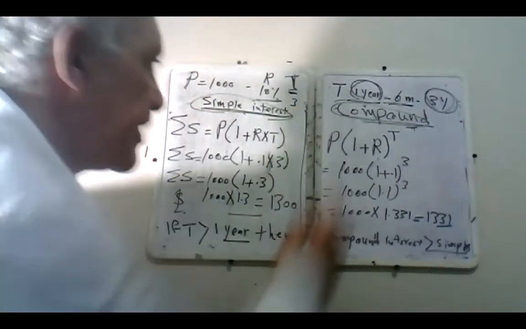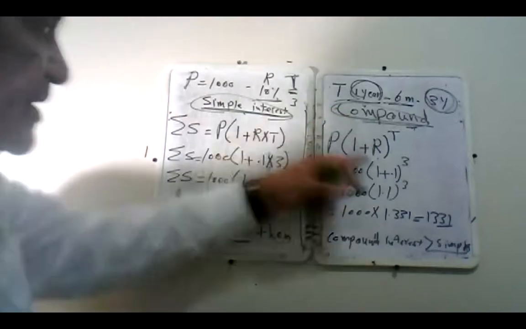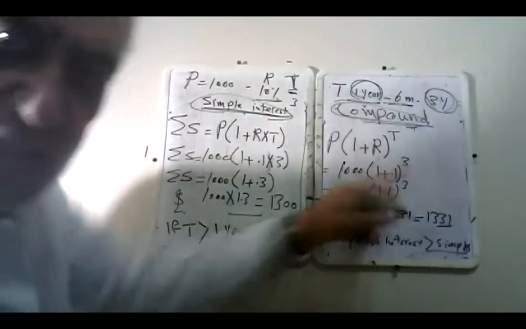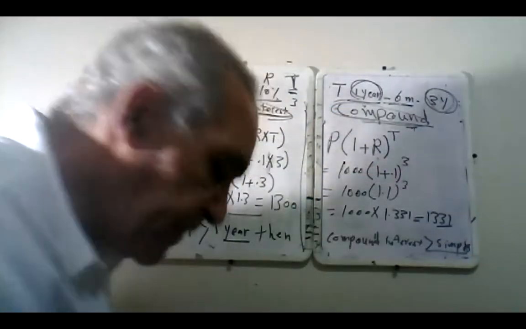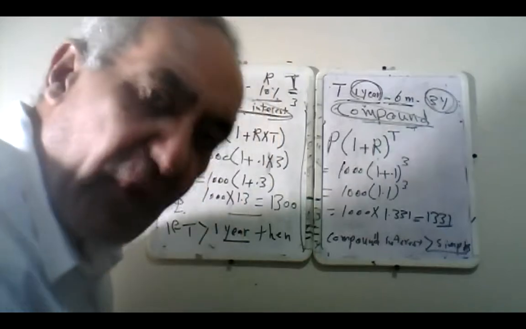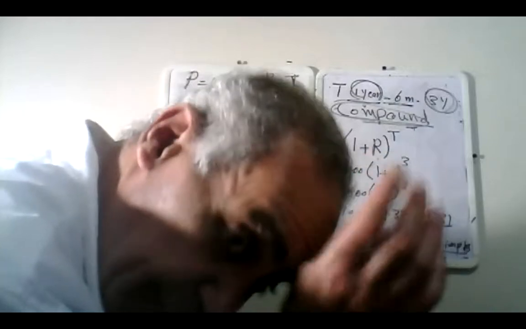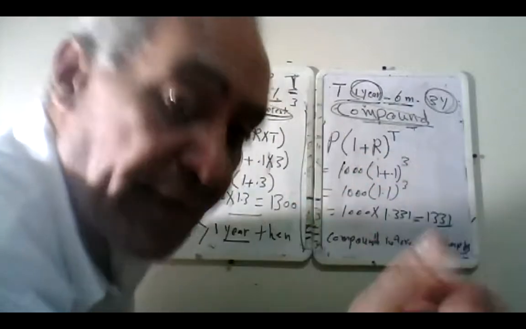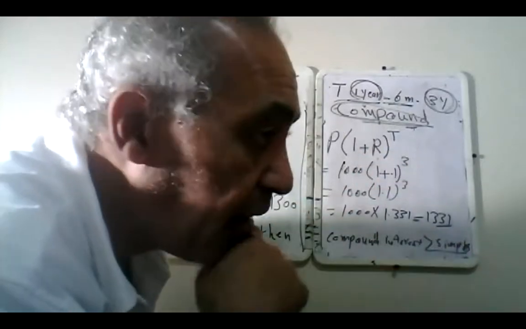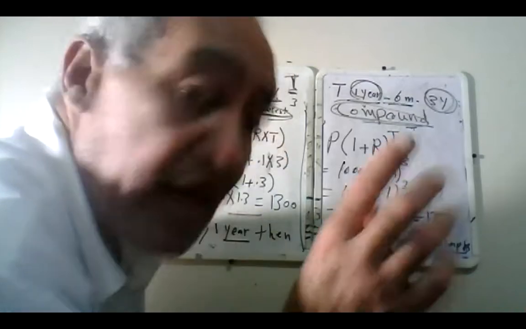This example shows you the difference between the simple interest and the compound interest. If the period of time is 1 year, both are the same, like we saw in this example. If the period of time is less than 1 year, then the simple interest will be greater than the compound interest.